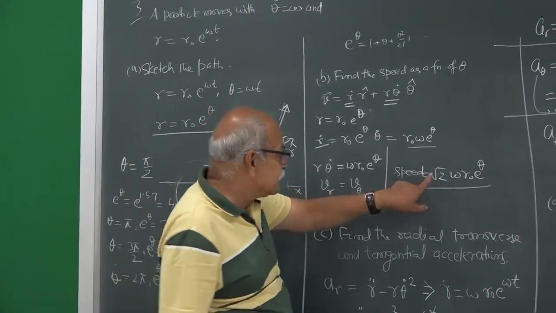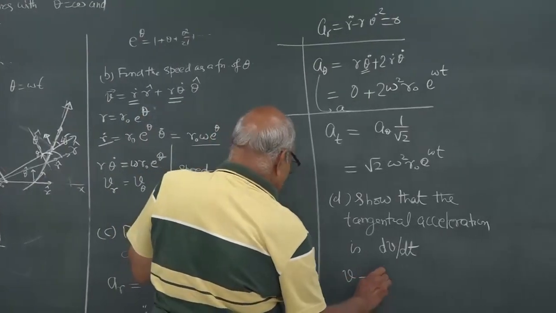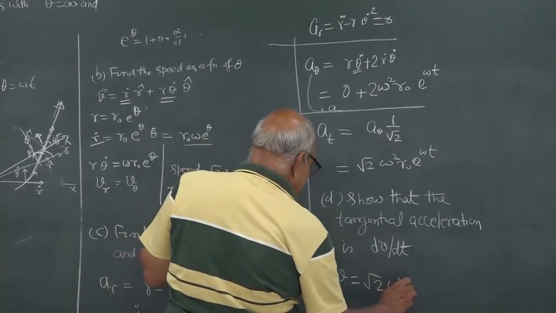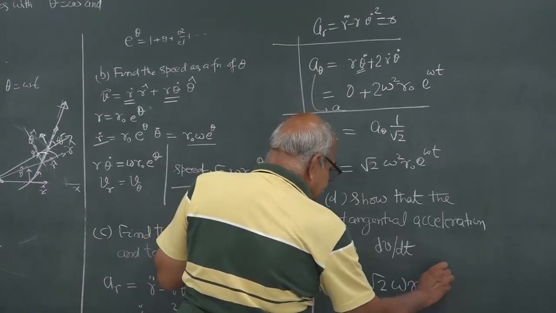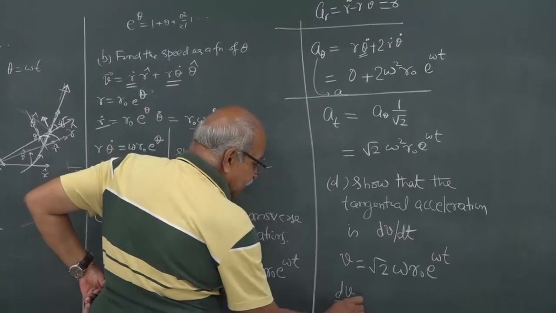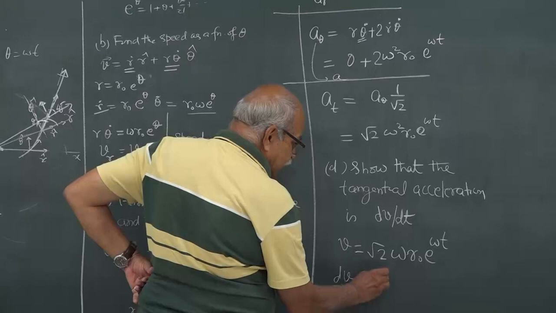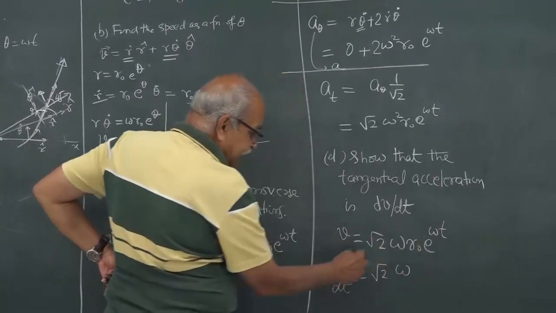Here is the speed. So, v is equal to square root of 2 omega r naught e to the power theta, which is omega t. So, dv dt is the rate of change of speed: square root of 2 here, omega here, and one more omega will come from the differentiation.